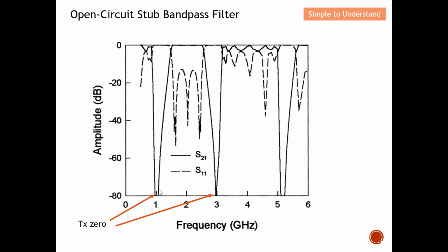Therefore, I can have a sharp roll-off factor, which is quite essential for this case. However, when we implement an open circuit stub, it does have its disadvantage, which I will discuss further later on.